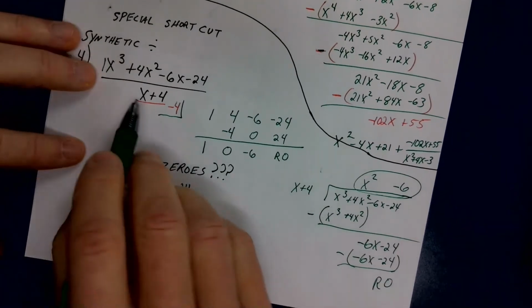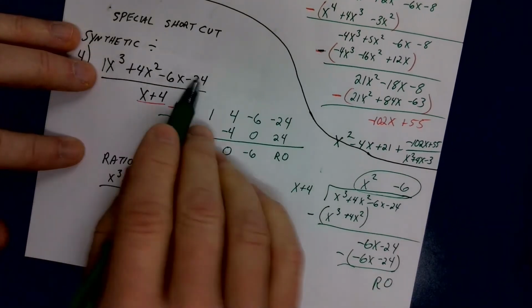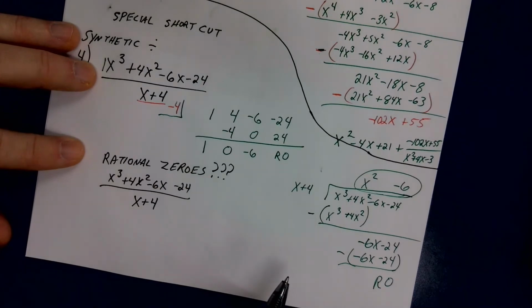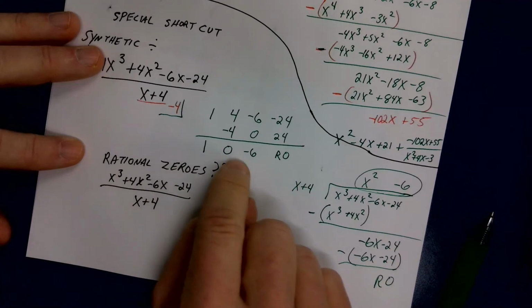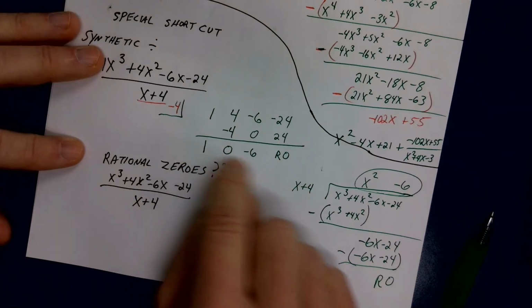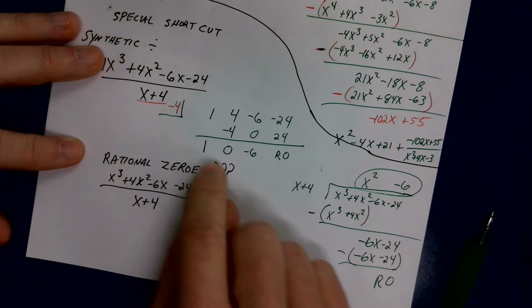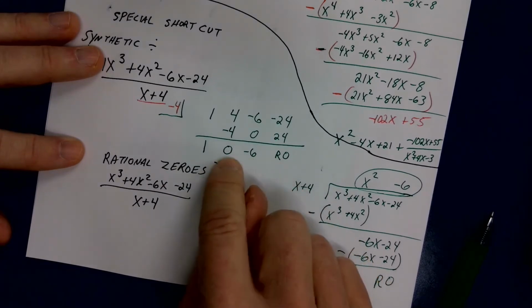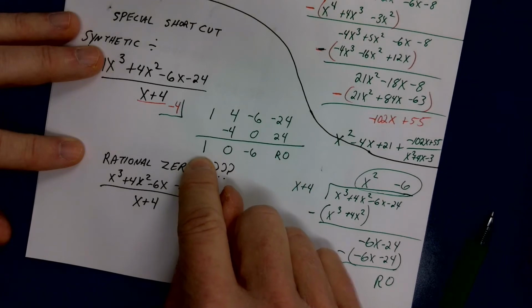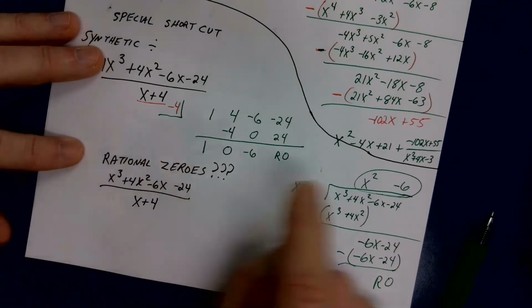Which means that this is a factor of this. Good deal? But it also means that this, whatever numbers you see left here, are your solutions to what it goes into evenly. And if this is the remainder, this number is going to be the constant, this number is going to be the linear, this number is going to be the quadratic, cubic, quartic, so on down the line.